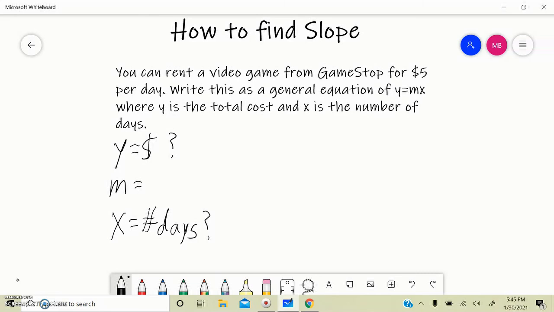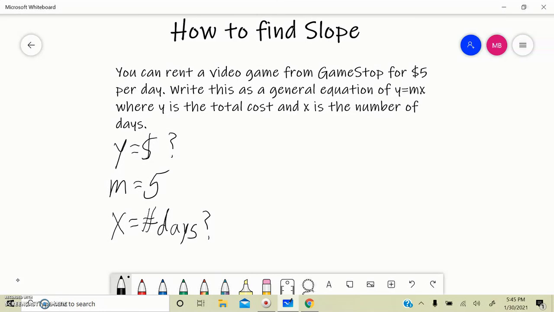My m, again, is going to be that rate. So now I've got to read my sentence again and find my rate. You can rent a video game from GameStop for $5 per day. $5, that's going to be my rate. So I'm going to put 5 there.